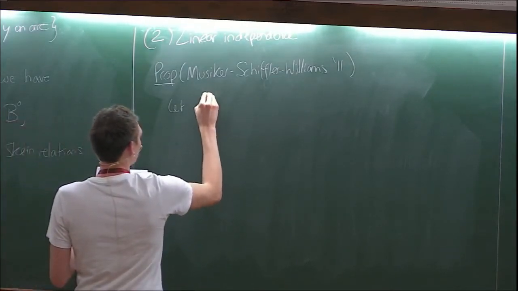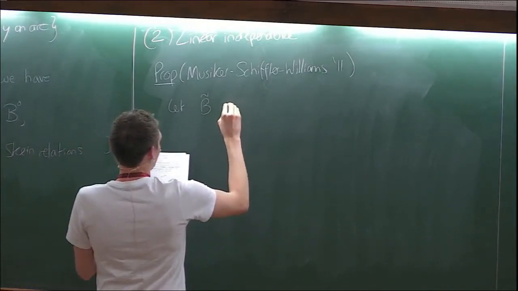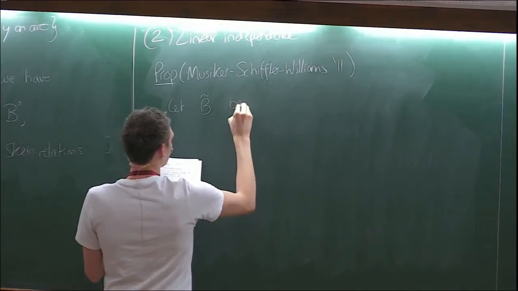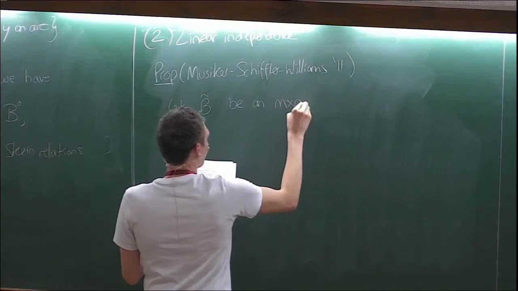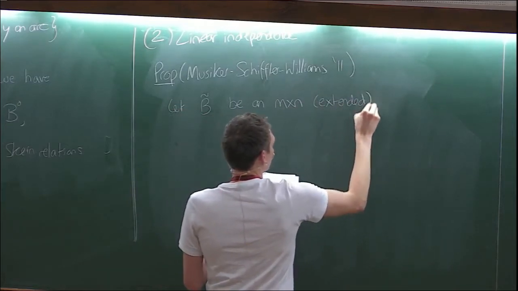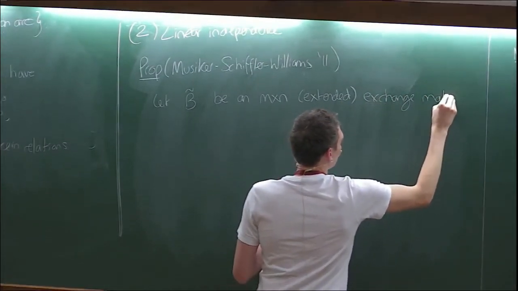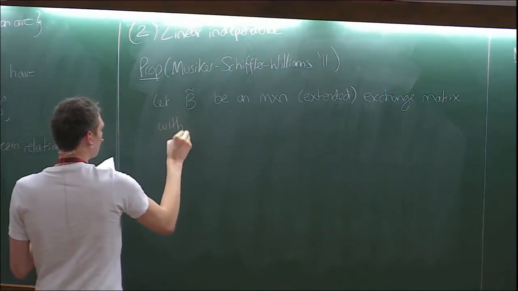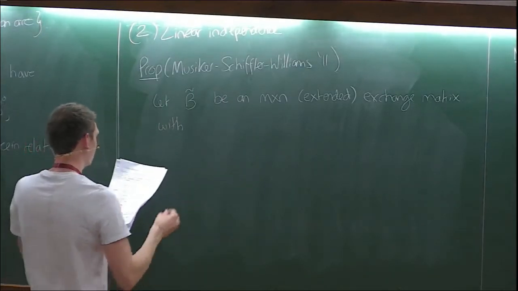So what is the first thing that is required? Well, we're asked to have an M by N extended exchange matrix. So B tilde be an M by N exchange matrix. And the condition we ask is that the columns be linearly independent.